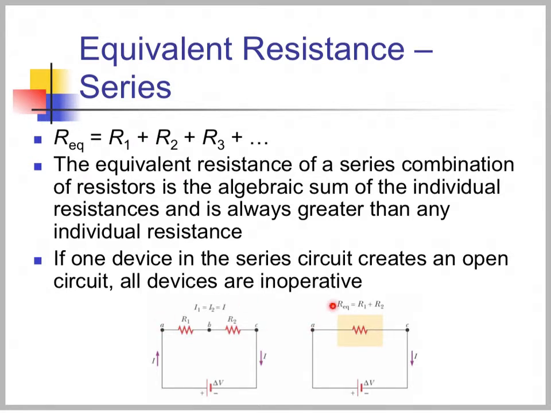That's a potential difference across A to C. So then R equivalent is just R1 plus R2 plus R3. The equivalent resistance of a series combination of resistors is the algebraic sum of the individual resistances and is always greater than any individual resistance. If one device in the series circuit creates an open circuit, all devices are inoperative.